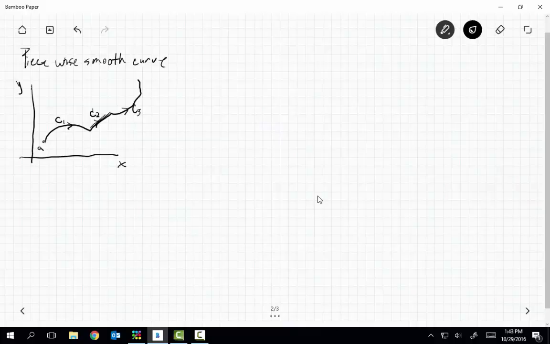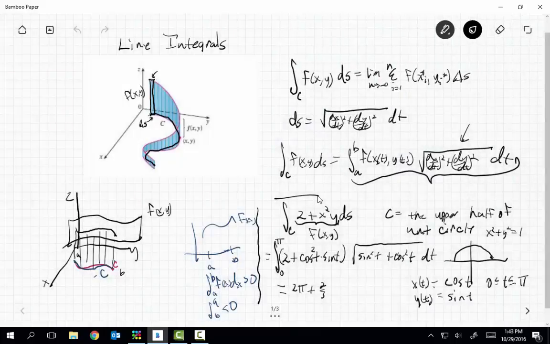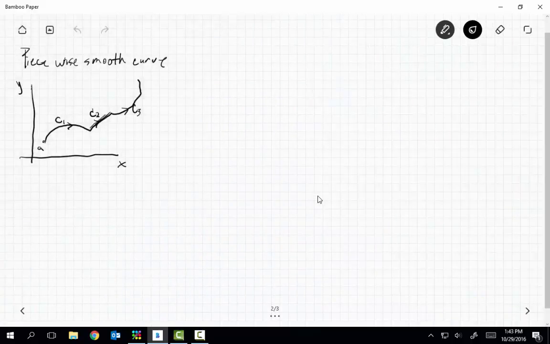But if you think about it, it doesn't really matter, because if I go back here, whether my curve is nice and pretty or it isn't pretty, when I go to find the line integral, it doesn't matter, because I can simply add each one of these individual curves together, or each one of these individual line integrals together. The pieces make up the entire curve. So C is equal to C1 plus C2 plus C3.